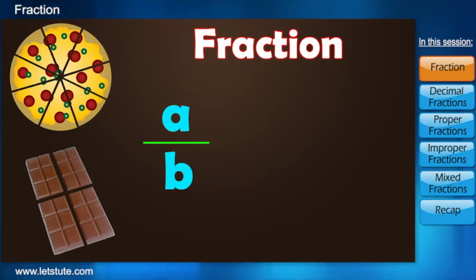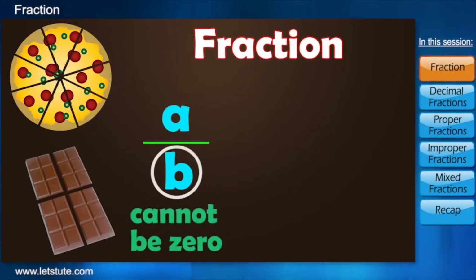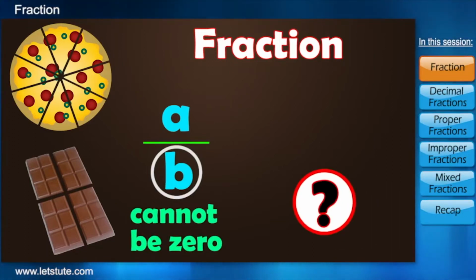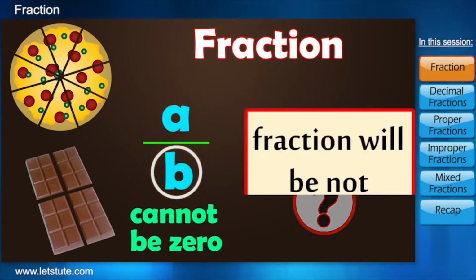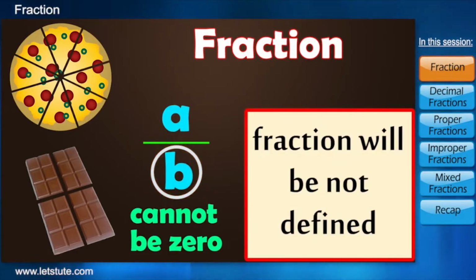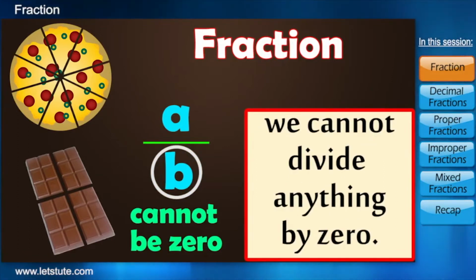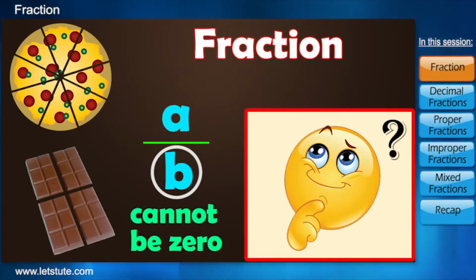Like I said before, the numbers of the form a by b are called fractions, where b cannot be 0. But why will it not be 0? Because if it is 0, then the fraction will not be defined, as we cannot divide anything by 0. Confused?